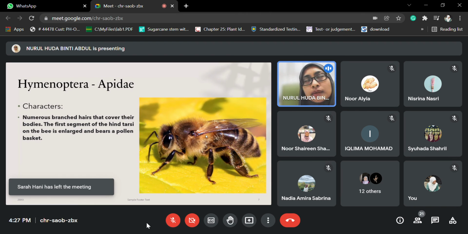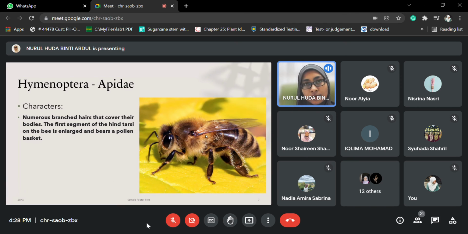Okay, you can say it's not actually 100% lapping tau. It's also there is a situation where we call it ada part yang since it's also have mandible and so on, dia boleh menggigit. Okay, so if you imagine dia ada part mandible where it's supposed to use for chewing.